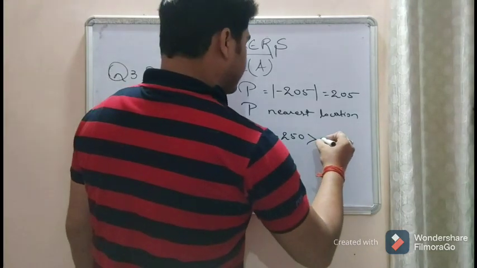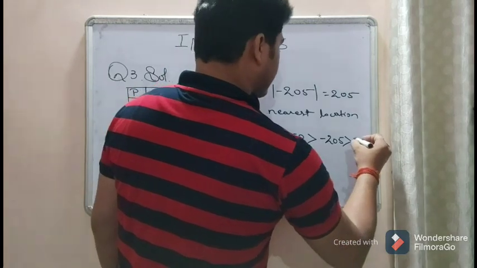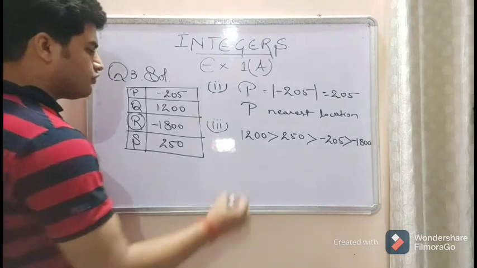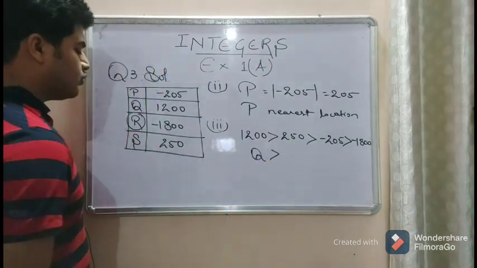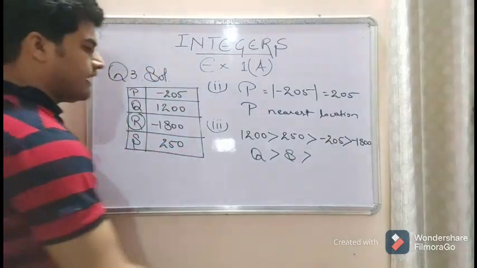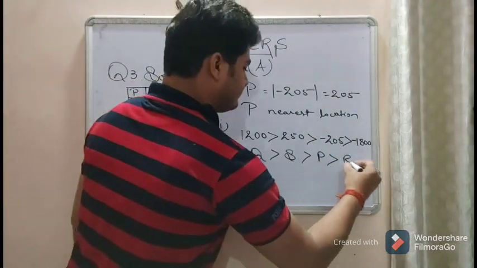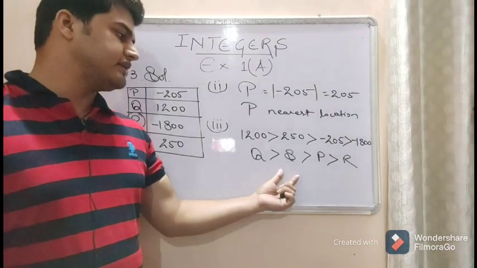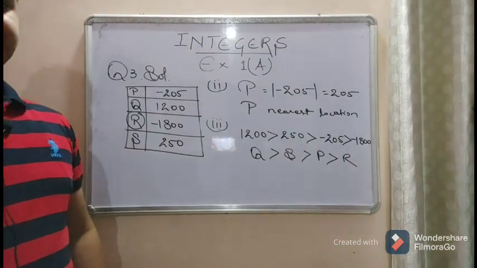In negative values there is minus 205, and then the most negative value is minus 1800, which is the least value. So 1200 is the value of Q, 250 is the value of S, 205 is the value of P, and 1800 is the value of R. So Q is at the highest elevation, then S, then P, and then R. So this will be the order.